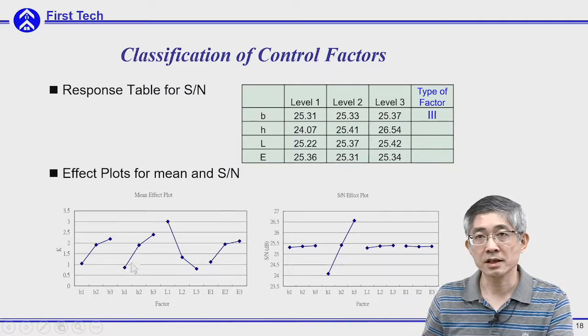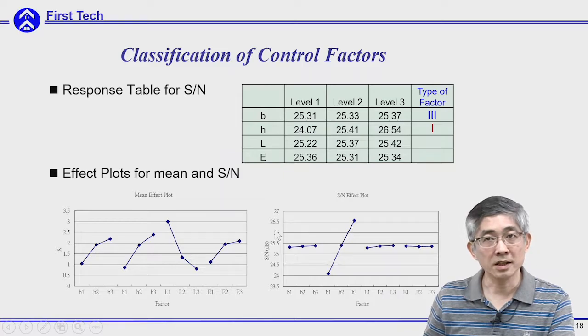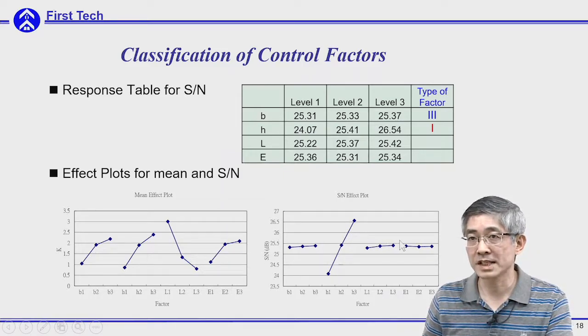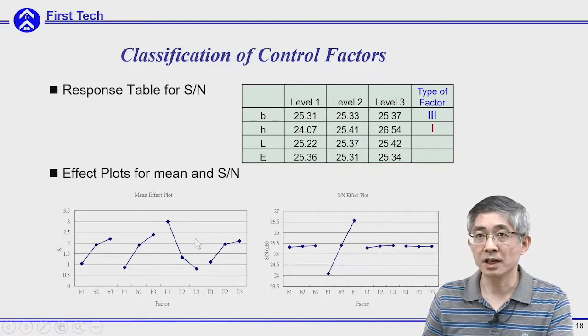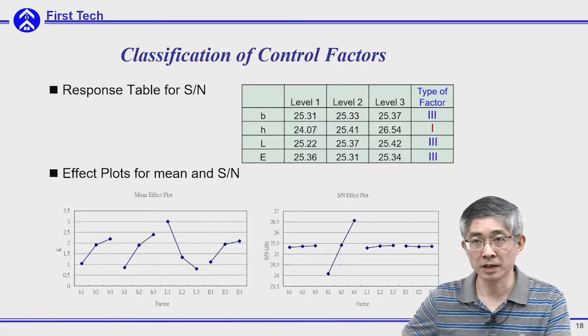As you can see, factor H has an influence on both mean and SN, so it should be a type 1 control factor. For L and E, since they have no influence on SN and some influence on mean output, they are also type 3 control factors.